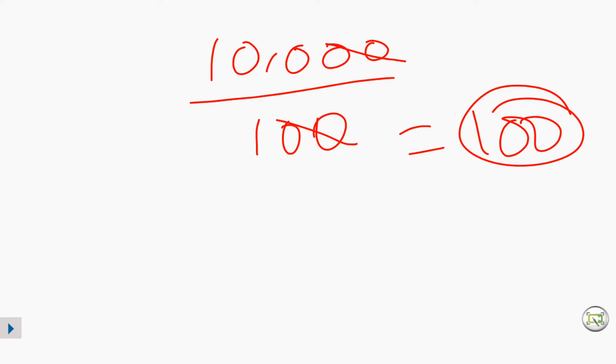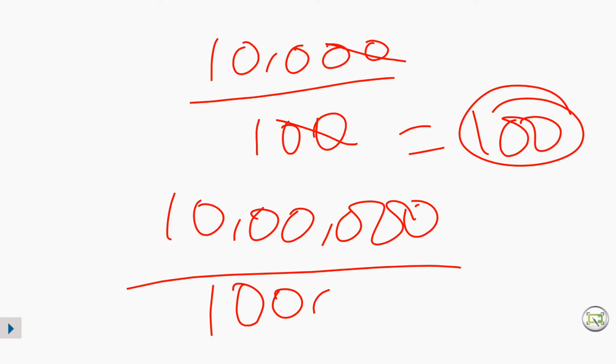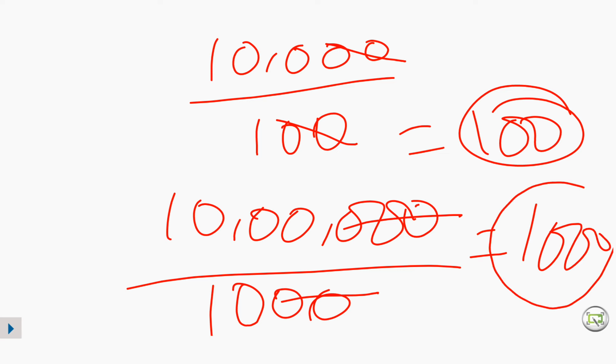For another example, suppose the total vote value of all the MLAs of India, all states, is 10 lakh, and the total MPs is 1,000. So what will be the vote value for one MP? 1,000 vote value will be there for one MP.